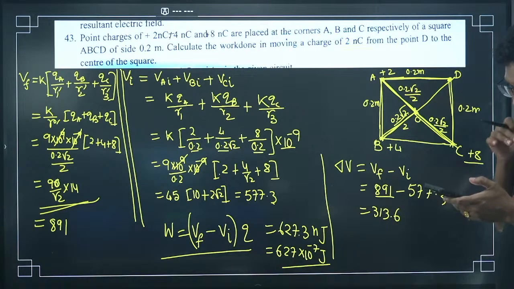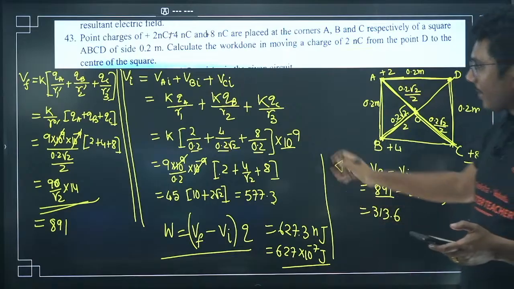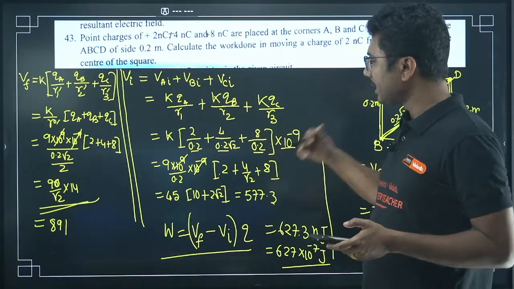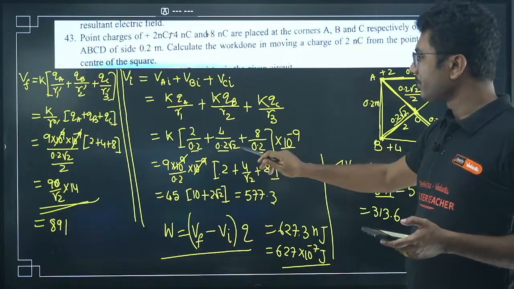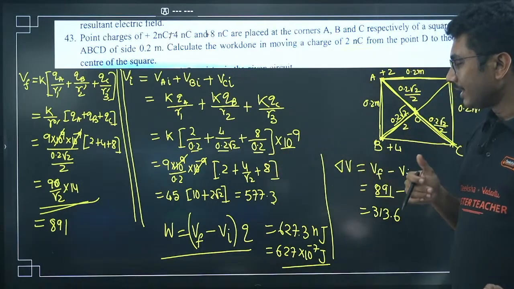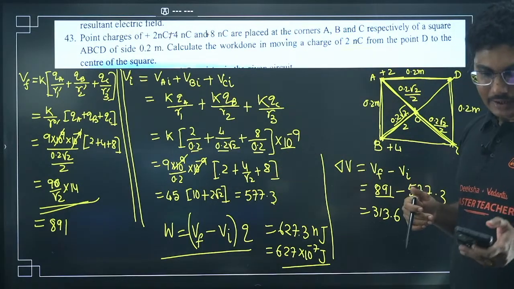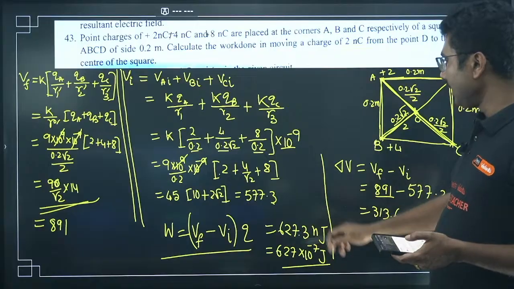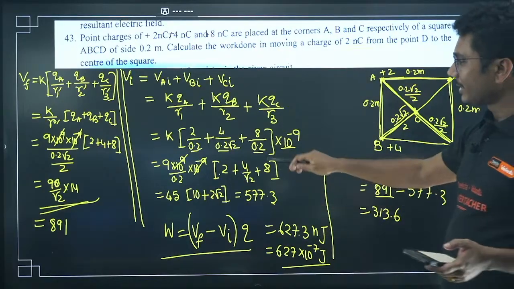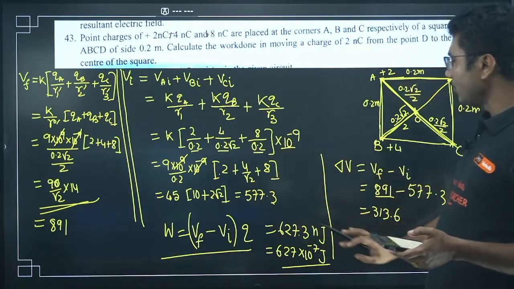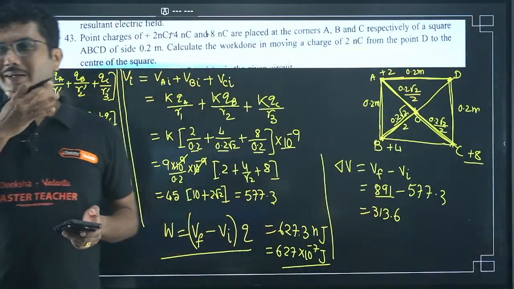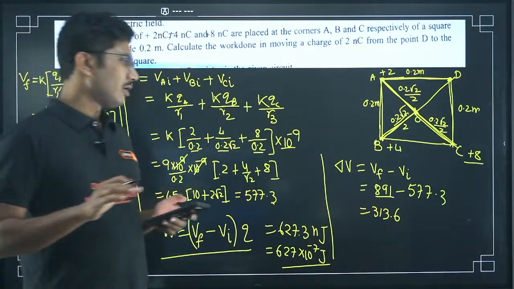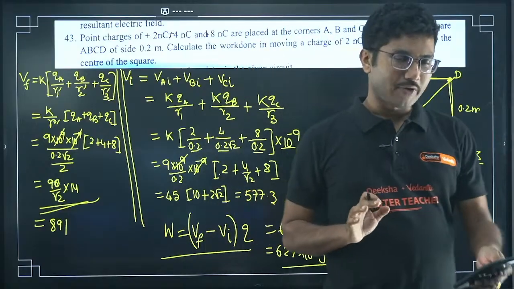Otherwise, 650 is also very close. Maybe you have done approximation at the beginning only. That's why I have done, see, everything. If you put the approximated value at the beginning, then in that case you might get 650. Otherwise, if you put the value at the last stage, then it will come out to be around 627. Okay, 627 and 650, I think 10% difference is there. So it is fine. It will be considered as fine.